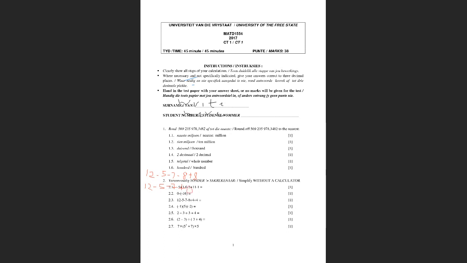Then we get 12 minus 5, we get 7. Minus another 7. So our answer will be 0. For number 2.3, it will be 0.